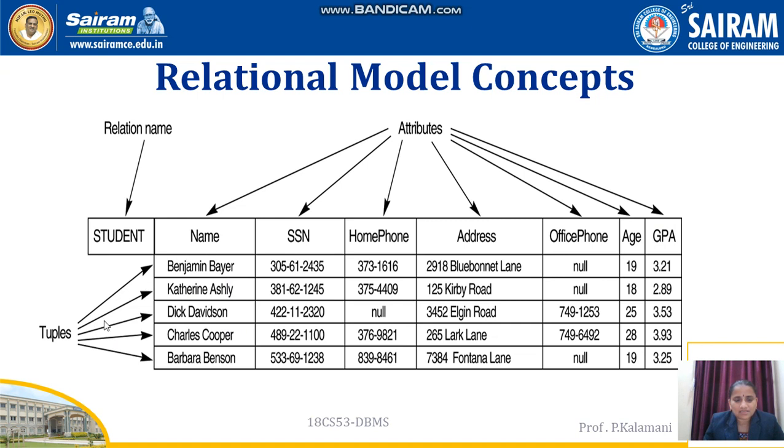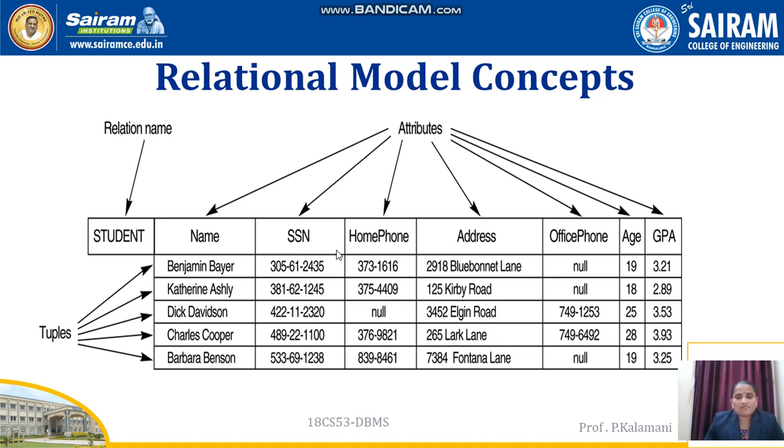These are called tuples in the relational model. Another thing is that some of the attributes are not taking any value, which is represented as null. Address has its own domain, and age is the domain of another attribute, taking a different set of values.